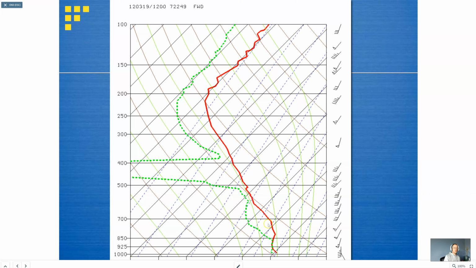We would have some negative area, likely here in this 850 to 700 millibar layer, before we would emerge and have a very deep positive area from somewhere around 700 millibars up to probably somewhere a little bit above 200 millibars, where we would then hit the equilibrium level.